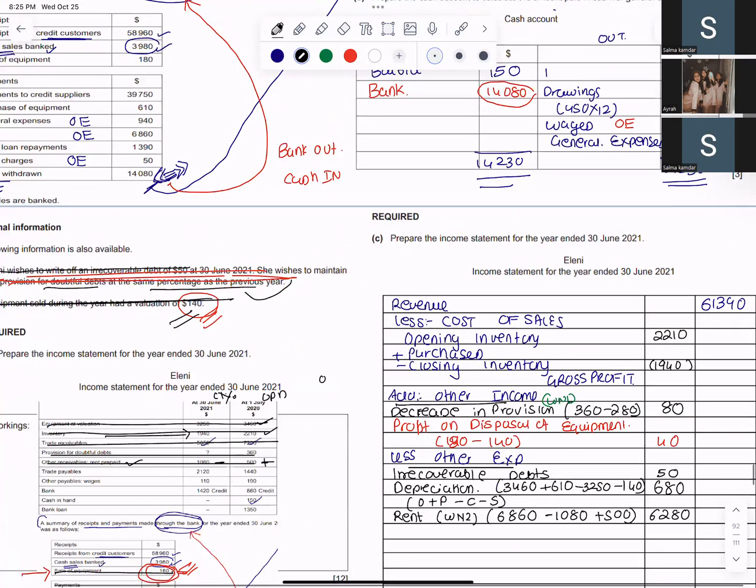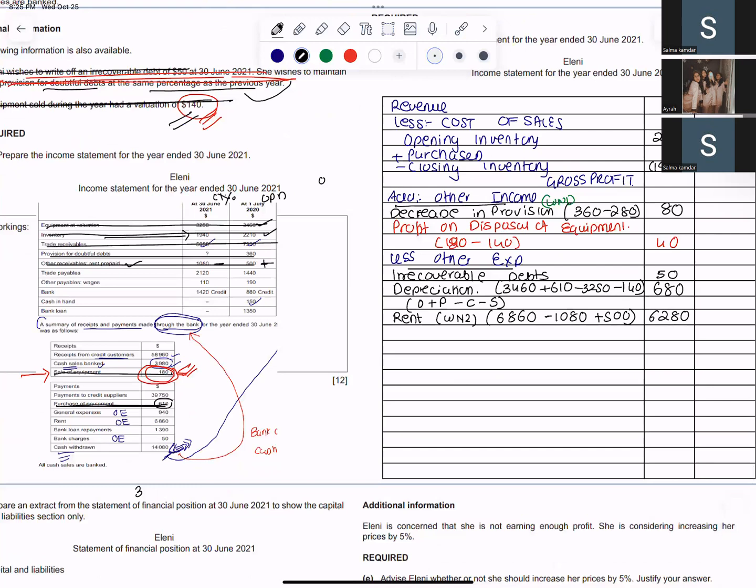Okay, fine. Now trade payables. I don't have purchases, but I know I can find out purchases by using trade payables. So we can use our CPO. Closing plus payments minus opening. So this would be our working note number 3.